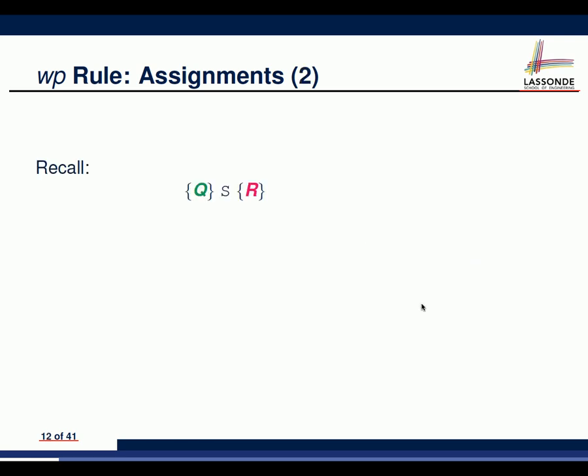Okay, so now, remember we said before, if we got a whole triple, it will be true because of the correctness predicates. It will be true if and only if the actual precondition implies the weakest precondition, right? So now here is my question for you. If I'm given a program like this, having precondition Q, having postcondition R, and the implementation is simply x is assigned to E, how do I express another predicate to prove that this is true?